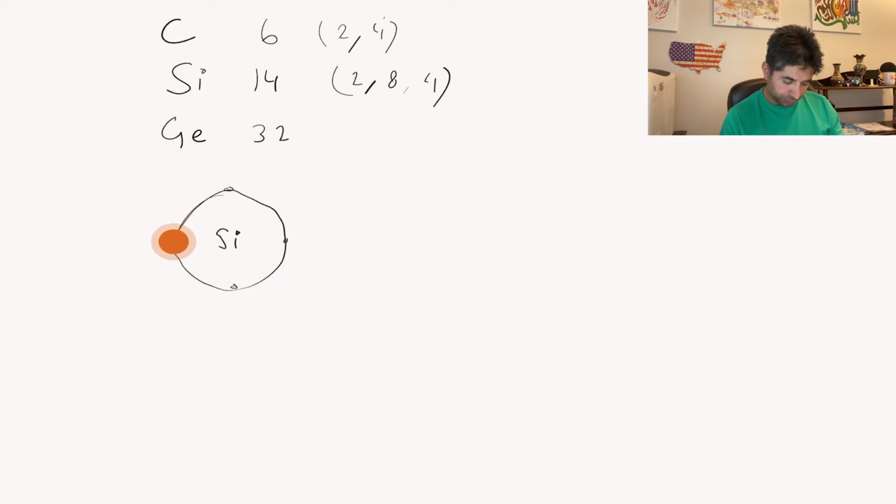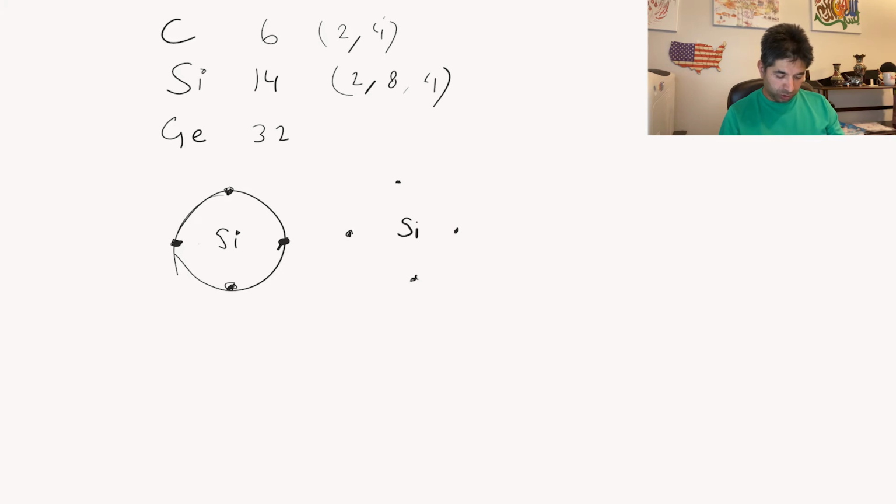This is the shell, and it has 4 electrons, right? In a typical silicon material, we have another silicon atom, and it also has 4 electrons.